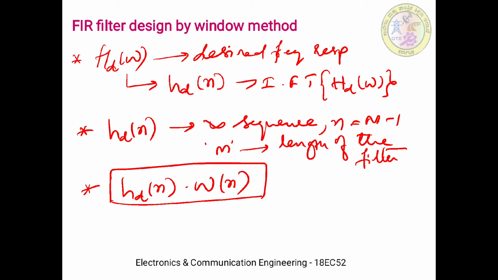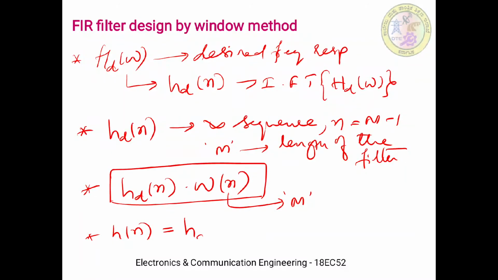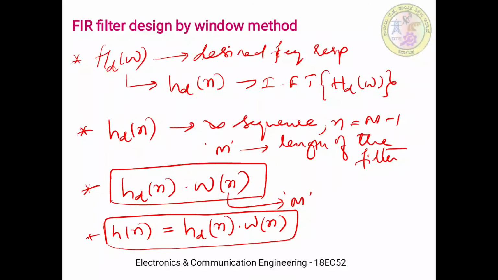This window function W of n has the length capital M, and the resulting sequence after multiplying HD of n and W of n is denoted by h of n. So h of n is HD of n multiplied with W of n. h of n is the impulse response of the designed filter, and this filter has the length M, because the length of the window sequence is M.